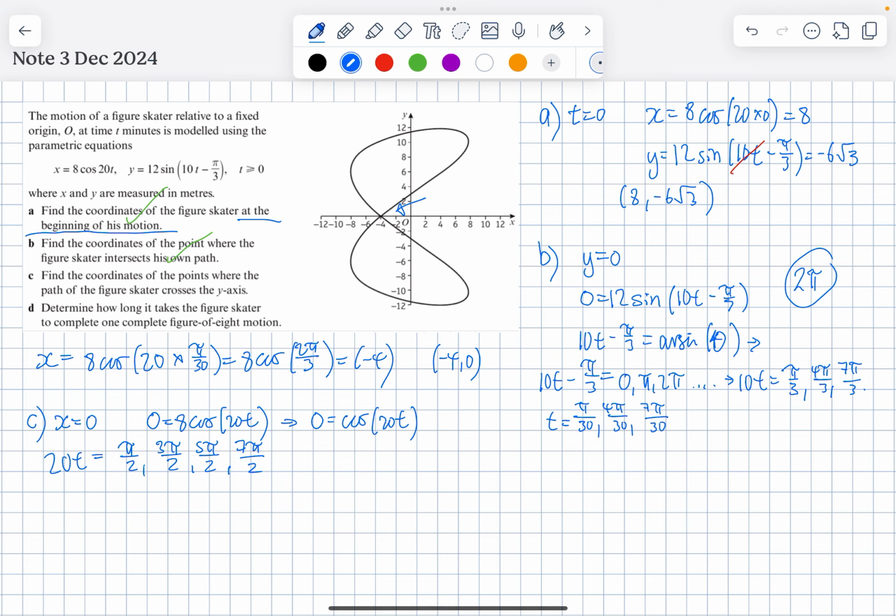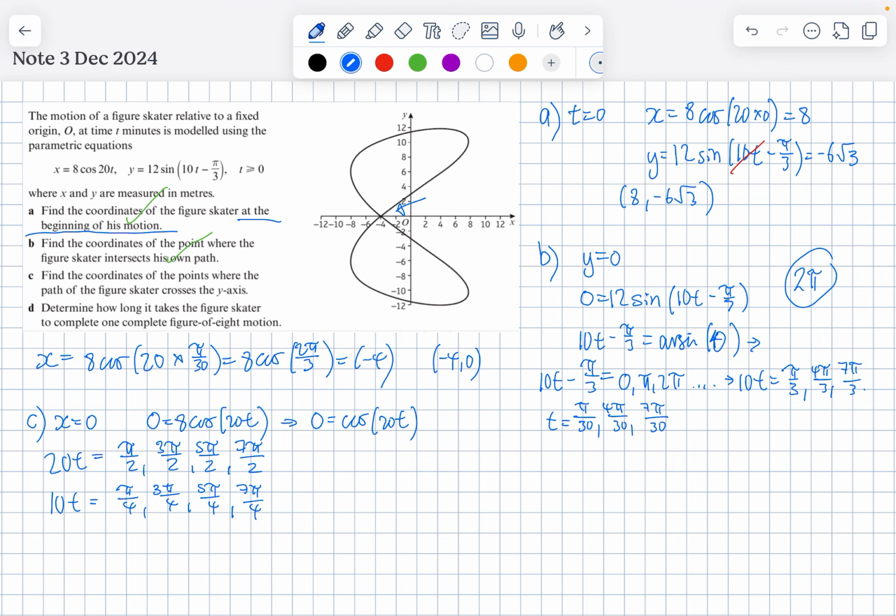Okay, and then I can say that 10t is obviously half of that. So that's pi over 4, 3 pi over 4, 5 pi over 4 and 7 pi over 4.